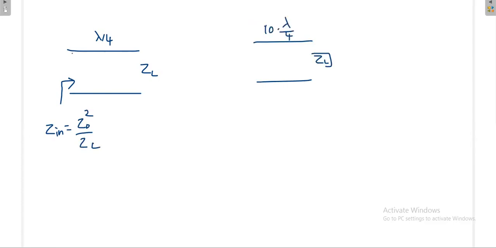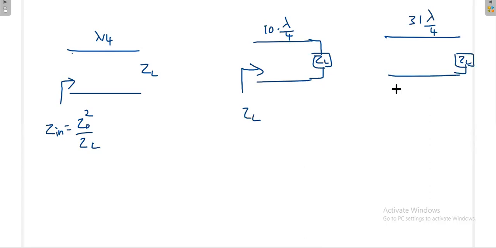Once you connect ZL, no need to follow this formula because 10 is an even number. It will behave similar to a lambda by 2 line, so this is simply ZL only. Or if they give something like 31λ/4 with ZL, then it will behave similar to lambda by 4 because this number is odd. Then also your Zin is equal to Z0 square divided by ZL.